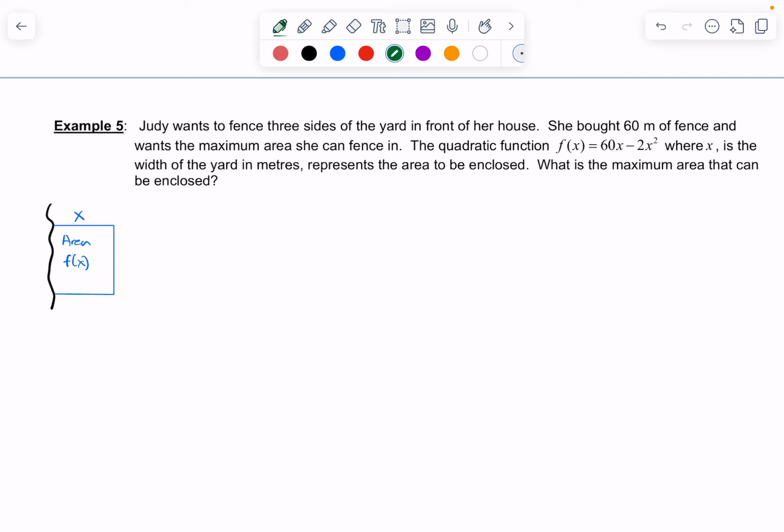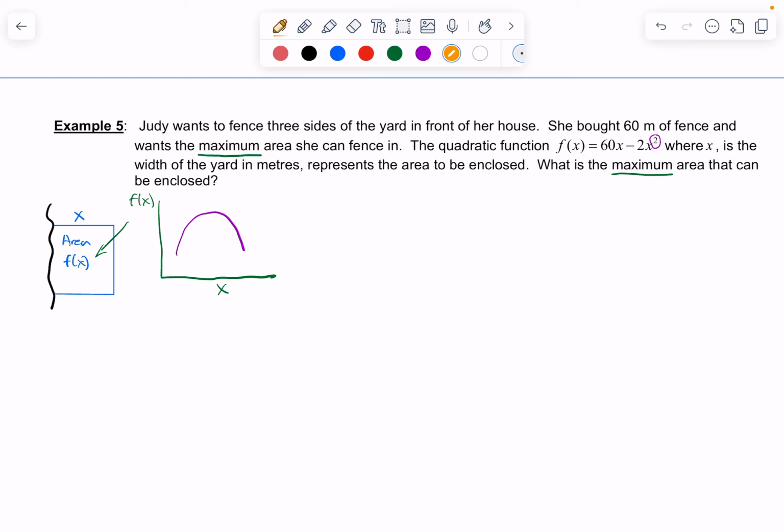So the key thing when you're reading these is, whenever you see the word maximum, in terms of this, what is the maximum area? Well, f of x is measuring the area, and on a graph, f of x will look like a quadratic because it's order 2. You're graphing f of x on the y-axis and x on the x-axis. It's asking you for the maximum area.